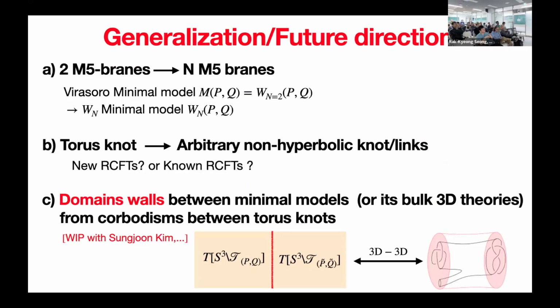And this can be generalized in several directions. We can replace the two M5-branes with N M5-branes. In this case, we expect that this Virasoro minimal model is replaced by the W_N minimal model, which is also labeled by P and Q. And more interestingly, we can generalize the torus knot to an arbitrary knot or link complement. In this case, we can expect that the resulting 3D theory either has a mass gap or is dual to a rank 0 theory, a topological field theory.